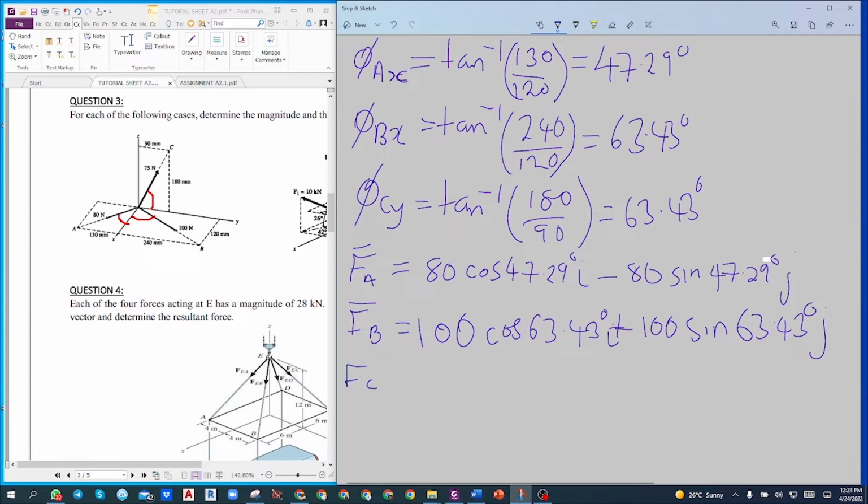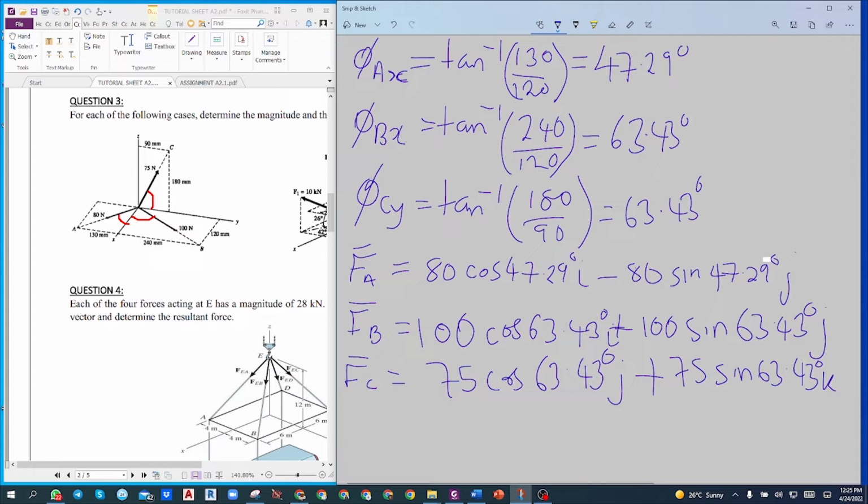And our FC as a vector will be in the j and the k. So the j is equal to 75 cos 63.43 degrees j, and then plus 75 sine 63.43 degrees k.